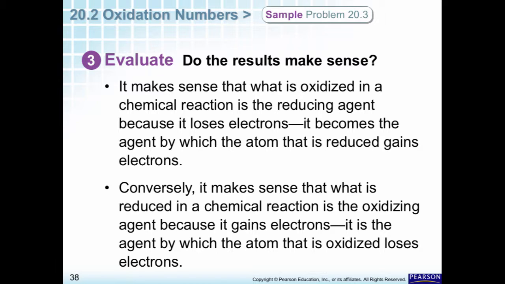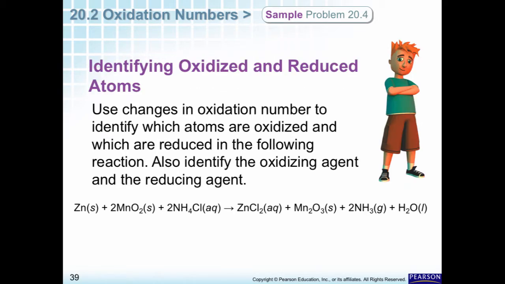It makes sense that what is oxidized in a chemical reaction is the reducing agent, because it loses electrons, becomes the agent by which the atom that is reduced gains electrons. Conversely, it makes sense that what is reduced in a chemical reaction is the oxidizing agent because it gains electrons. It is the agent by which the atom that is oxidized loses electrons. Kind of summarizes that. That's a little bit confusing. Make sure you're able to tell what's oxidized and what's reduced.